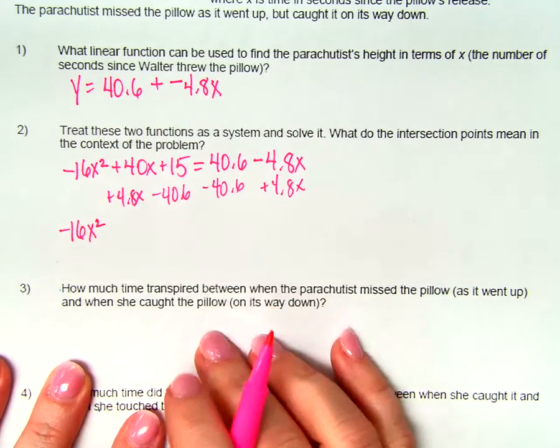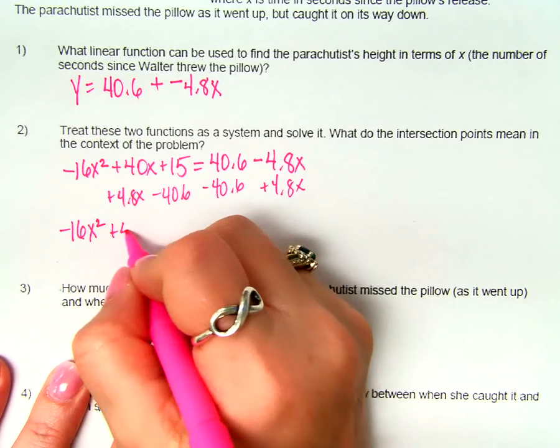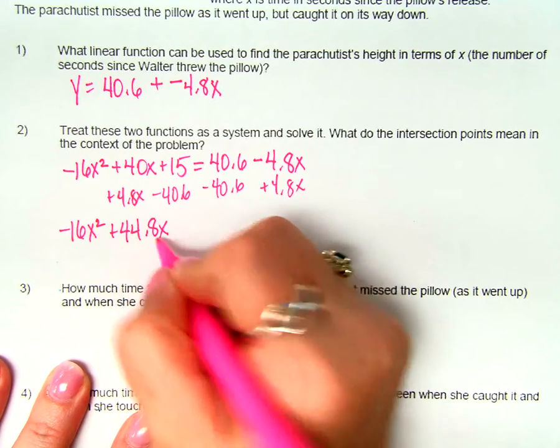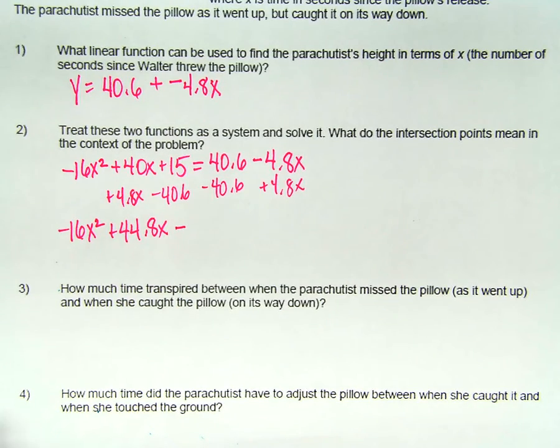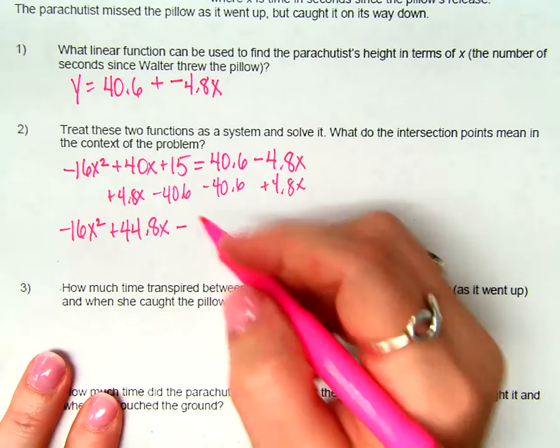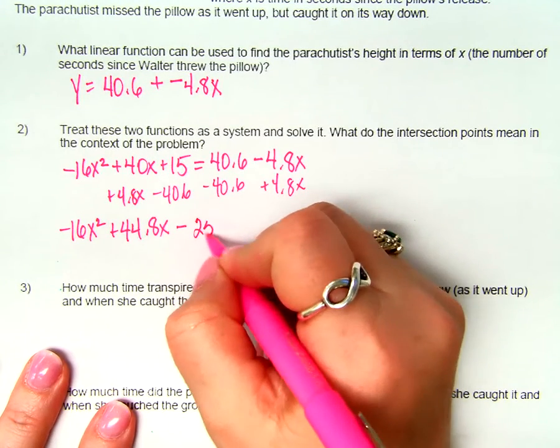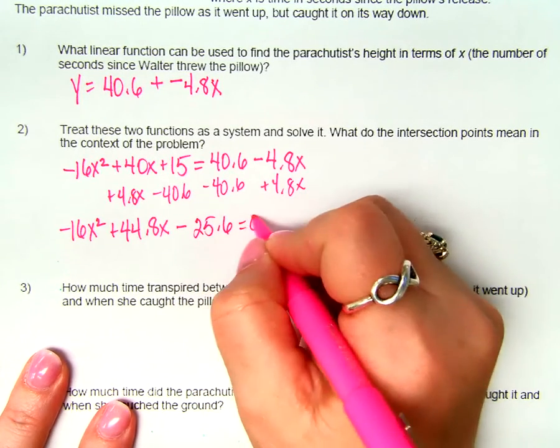Negative 16x squared plus 44.8x minus 25.6. Is this correct?